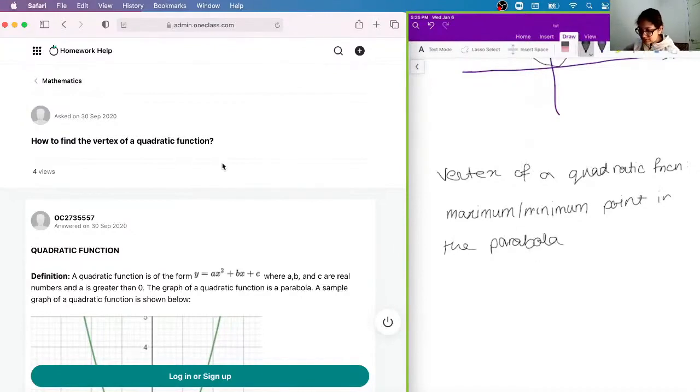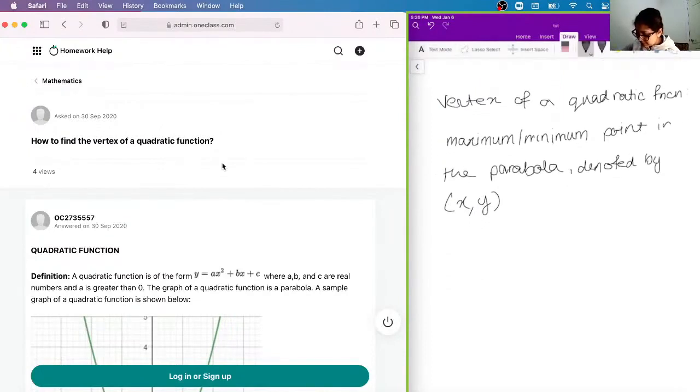It is also the opening point of the graph, and it is denoted by the x and y coordinates.